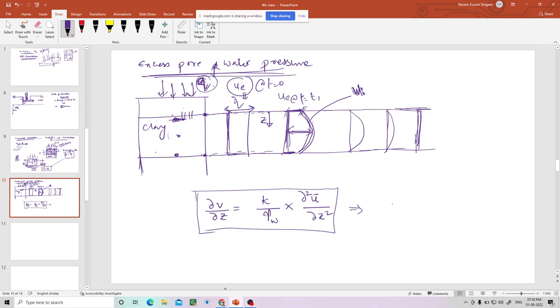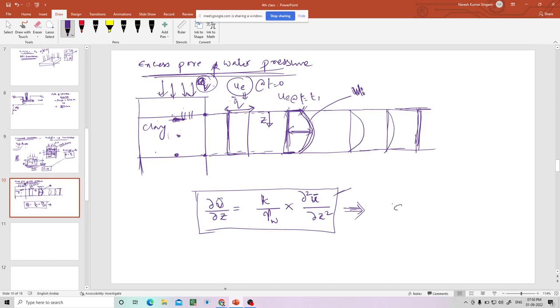This is one of the differential equations which will come in between the derivation, where V is velocity, K is permeability, gamma W is unit weight of the water, U is pore water pressure, and Z is the depth. Now this is a partial differential equation which comes in between the derivation.